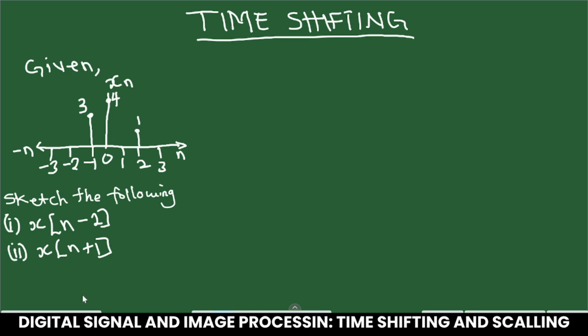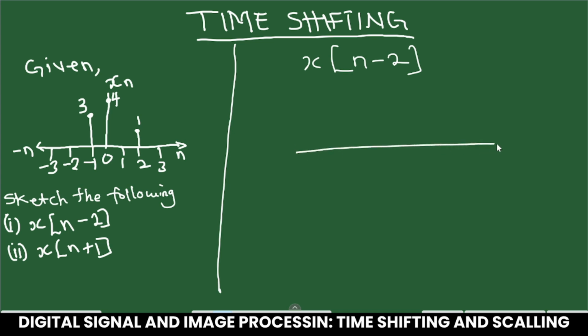The first sketch we are going to sketch is x of n minus 2. Let me label the axis 0, 1, 2, 3, 4, 5, and -1, -2, -3.